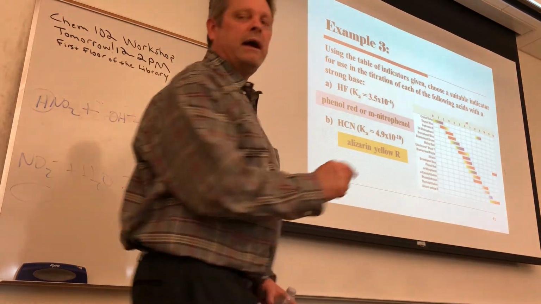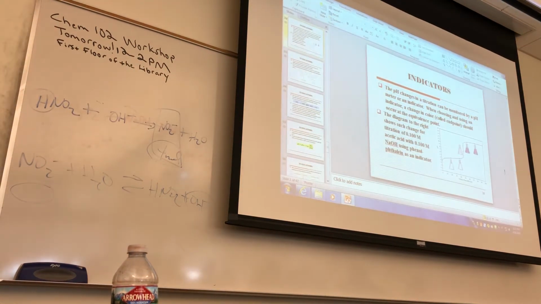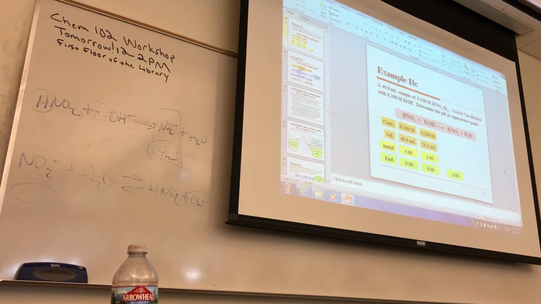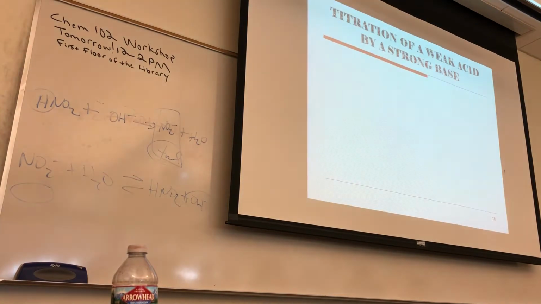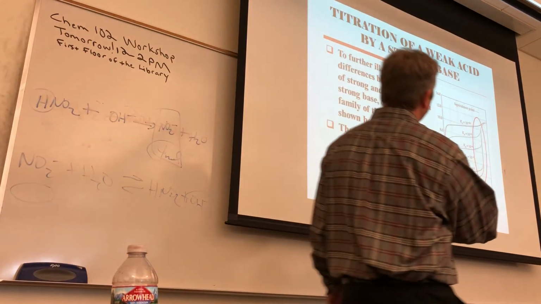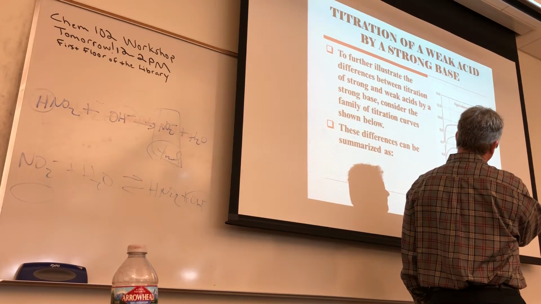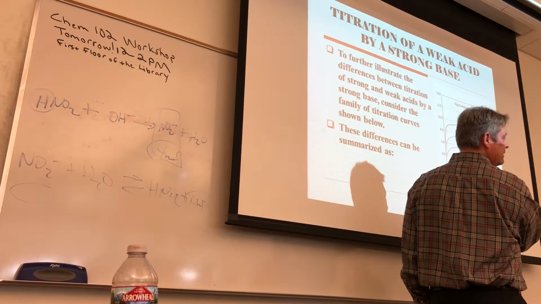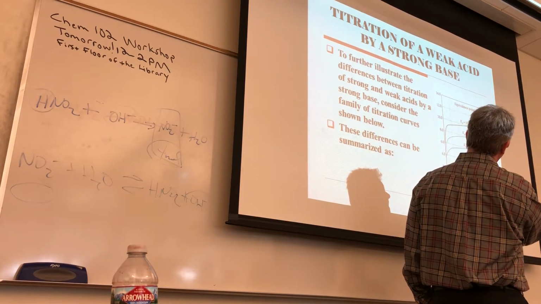Okay, now, just to get to Jenna's question, let's go to here. Look at the different Kas. So that one was up here. So look where this one is starting versus where the other one was starting. And now its equivalence point is going to be way, way up here.